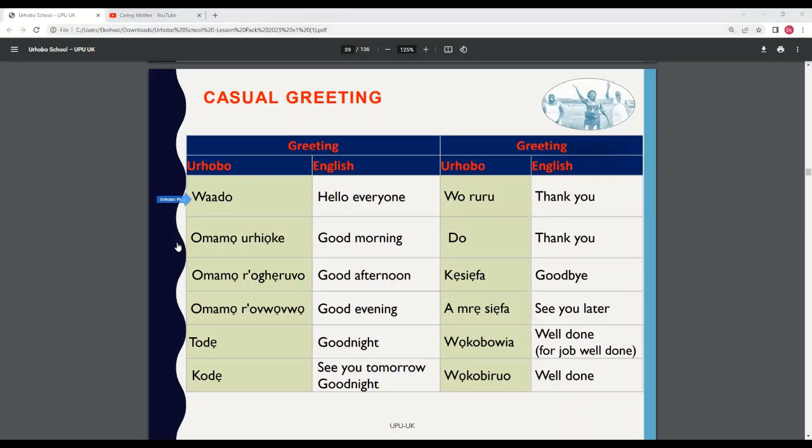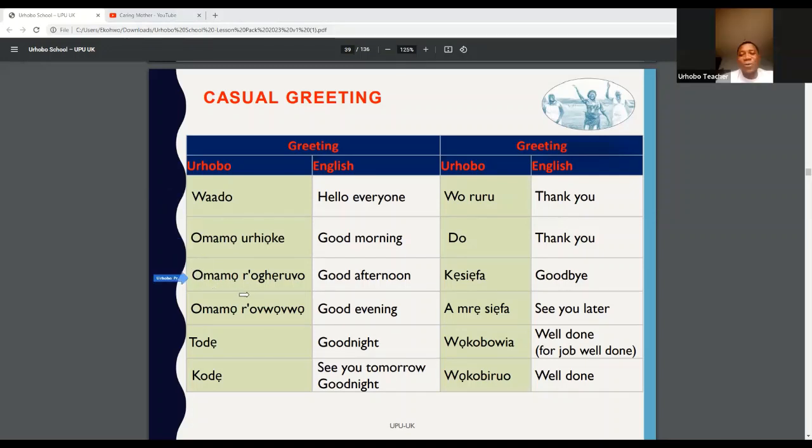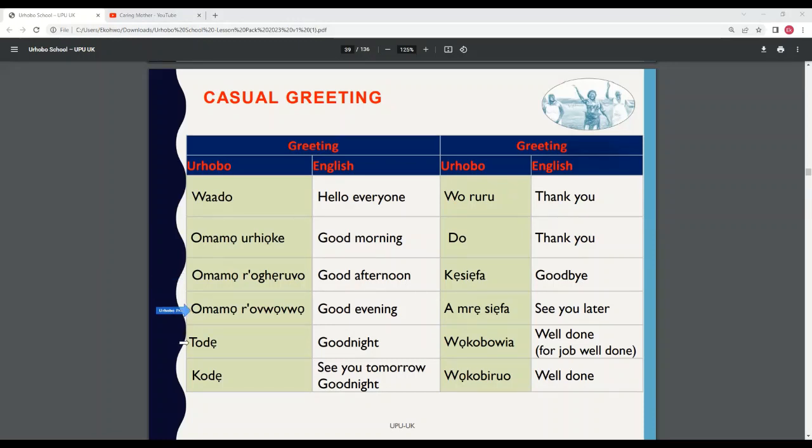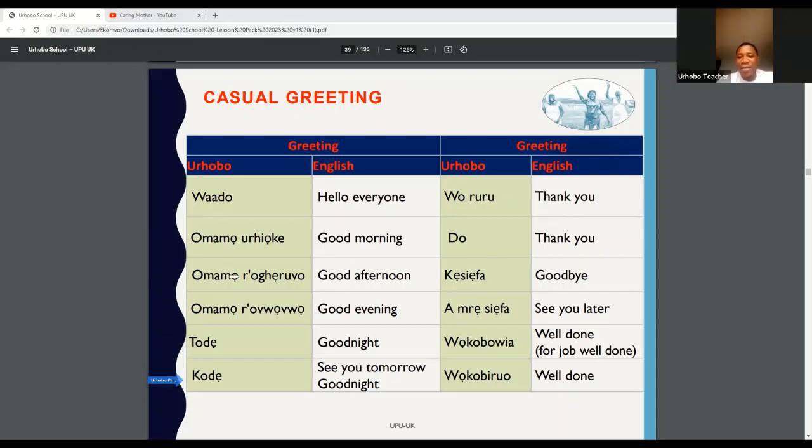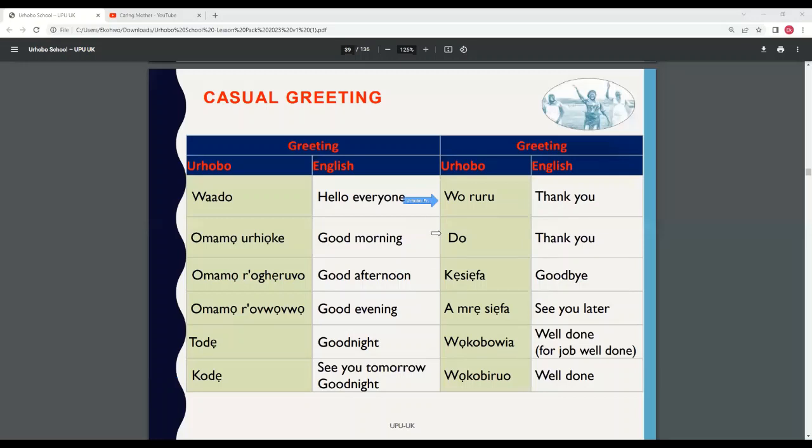Wado, Omamo, Omamo, Ogeruvu, Wogeruvu, Wogeruwo, Rogeruwo, Omamo, Woruru, Do, Kesiefa, Amre siefa, Wekobonwia, Wekobirwo.